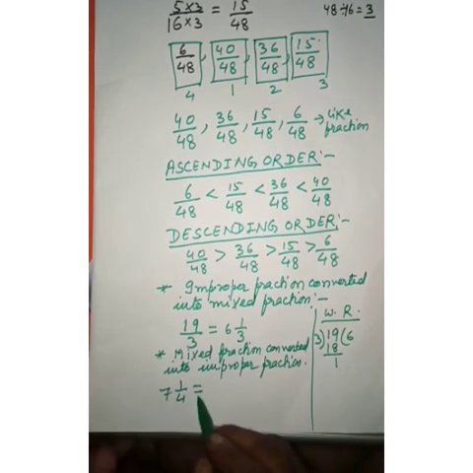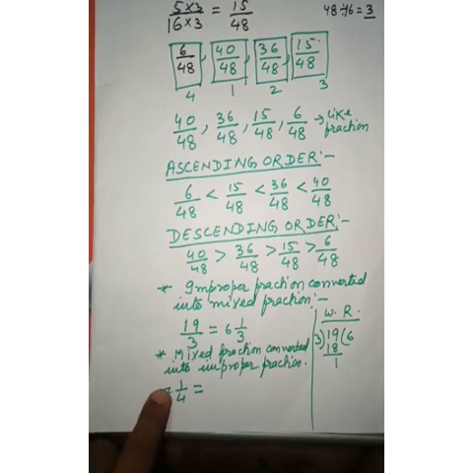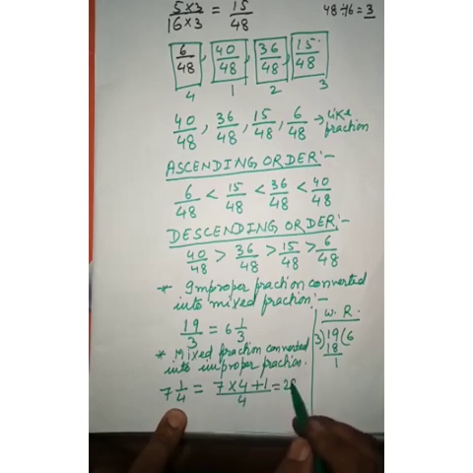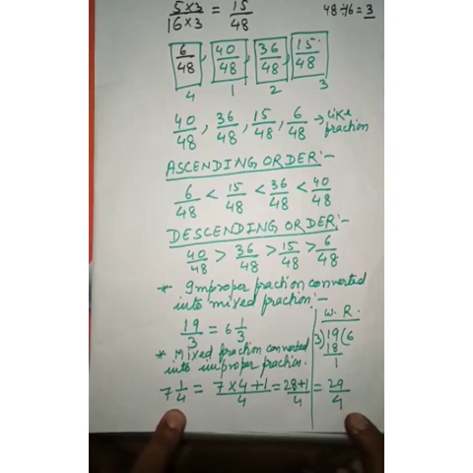For this we have to multiply the whole number with the denominator. The whole number, that is 7 multiplied by 4, and the numerator is added. Add the numerator upon 4. 7 fours are 28 plus 1 upon 4, 29 upon 4. This is our improper fraction. 7 1 by 4 is converted into an improper fraction.